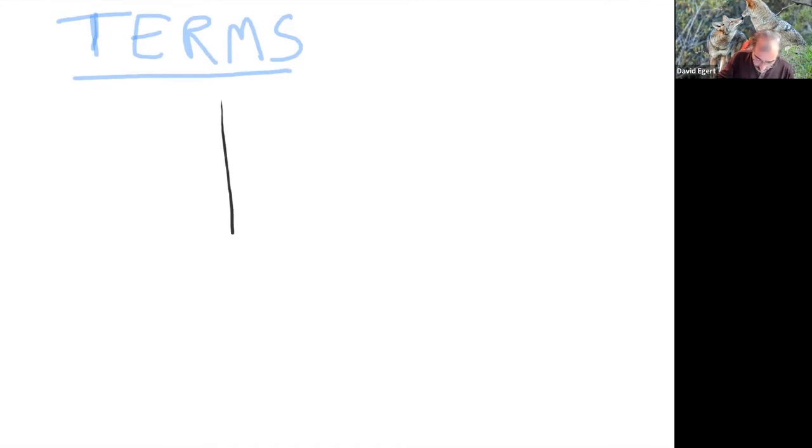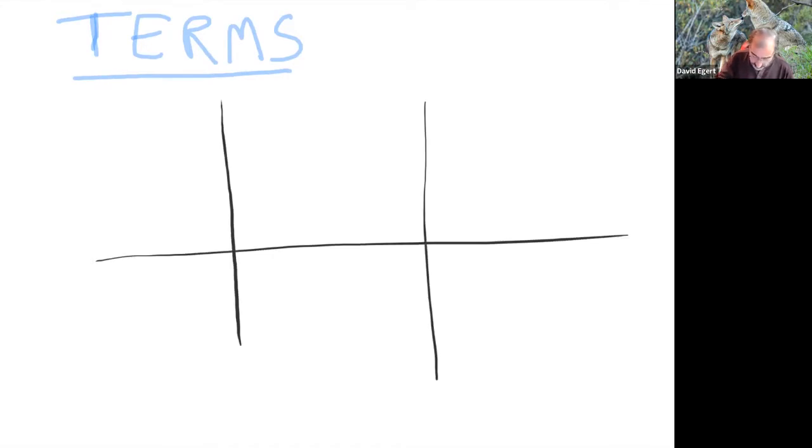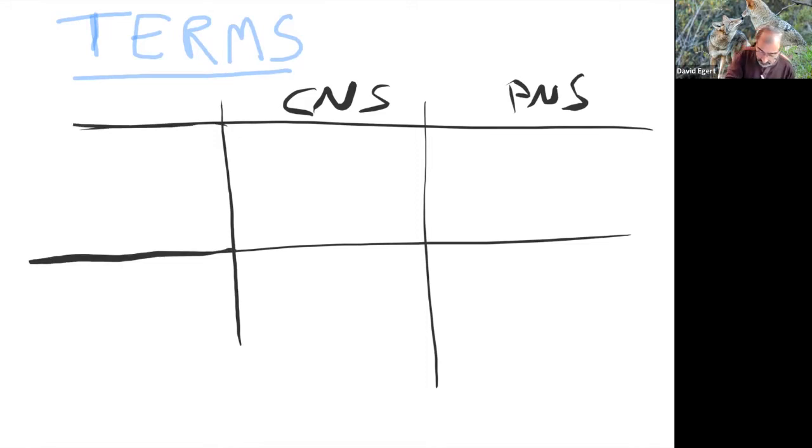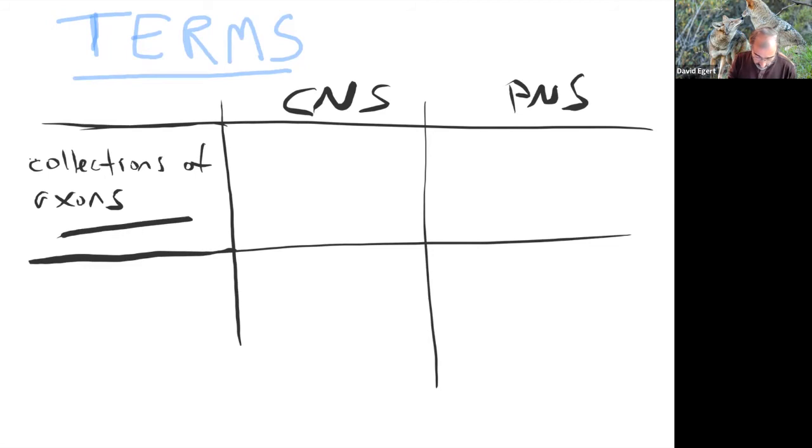Very commonly, we're going to have this thing where, what is it in the CNS and what is it in the PNS? So if I have axons running along, this is going to be the main way you send messages from one place to another, right?